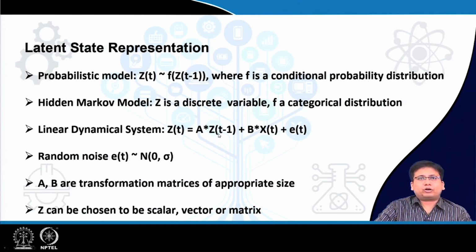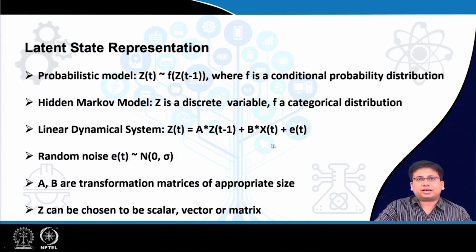Depending on what this z is, it may be a scalar, a vector, or a matrix. These A and B are defined in a particular way so that the whole thing is consistent with the laws of matrix multiplication. And this e_t is also a random noise of the same size as z_t.